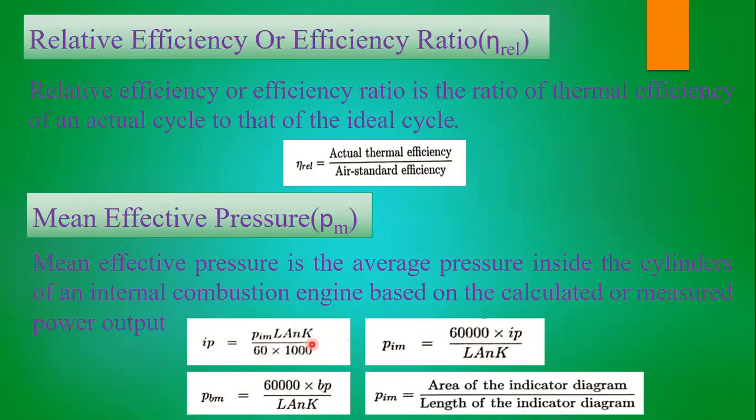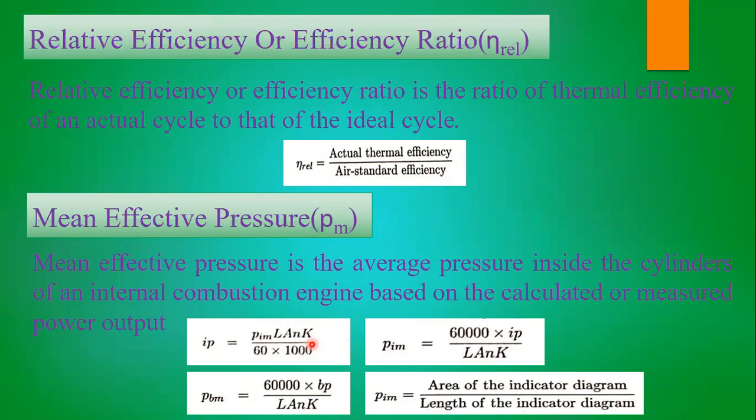Because of the variation in pressure rise, we have different pressures. There will be some peak pressure, and within the combustion chamber there will also be some minimum pressure, and later, depending upon the rate of pressure rise, the pressure increases. So we have to average all those pressures, and that is nothing but the mean effective pressure.